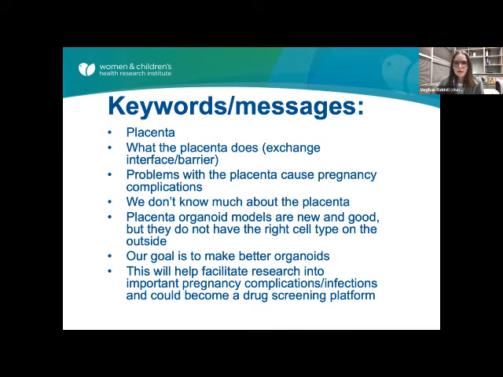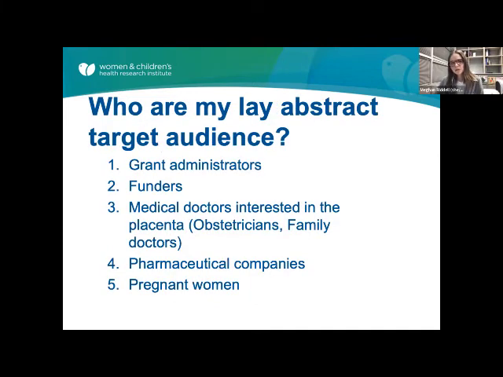So then thinking about my lay audience, the target audience is going to be a bit different. So when I was writing this application, because it was for a grant, I knew that one of the important audiences was grant administrators, so that they would send it to the right people to be actually evaluated.